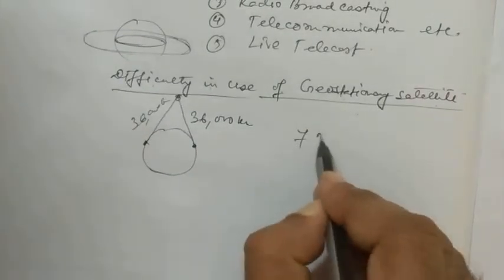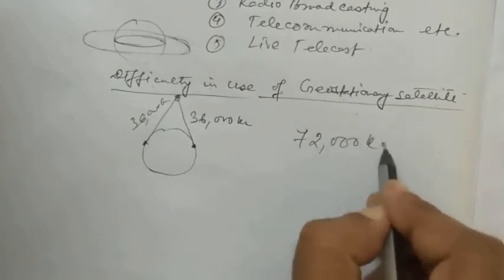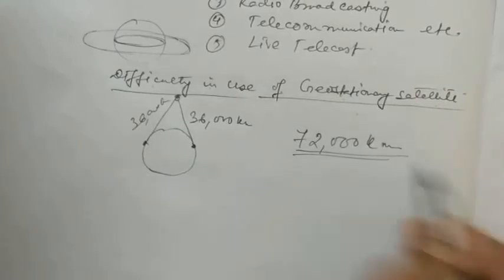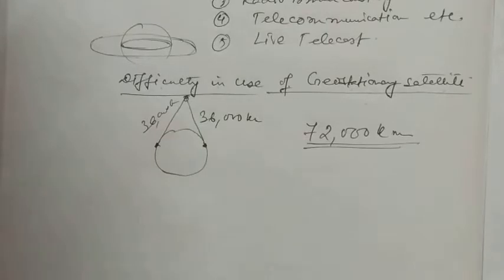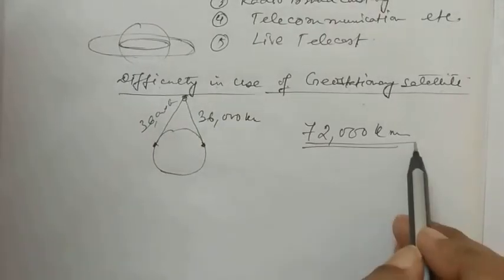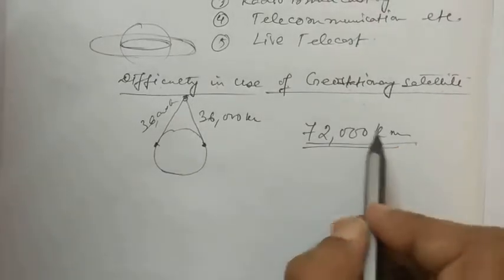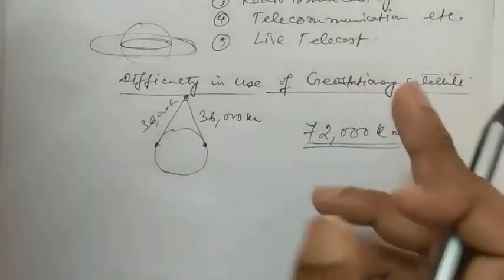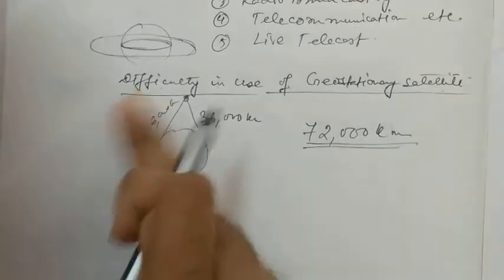So a total distance of 72,000 kilometers has to be traveled by the signal. This is known as the minimum distance of travel before a signal can reach you.